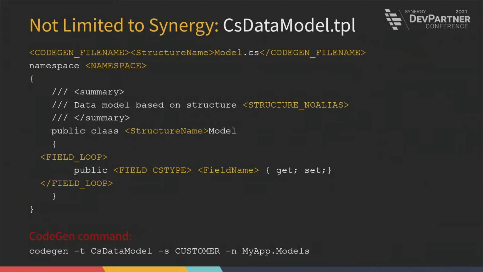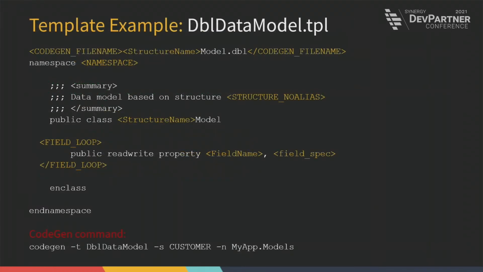And the primary difference here is you'll notice the syntax for the property is not Synergy, is not DBL OO syntax now, it's C# syntax. So public, data type, name, get set methods. And notice also we're using the field CS type token. In the previous example, if I quickly go back to it, you'll notice I was using field spec.